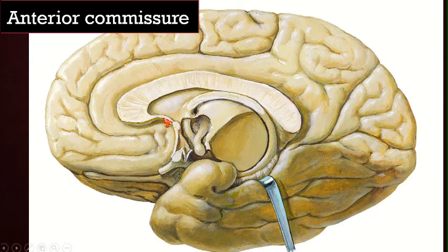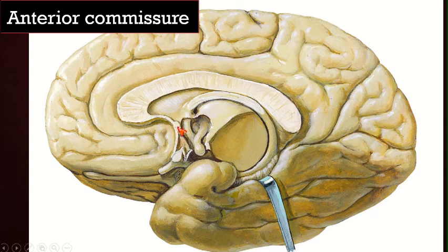It is extending from the rostrum of the corpus callosum, and it is present above the lamina terminalis, immediately in front of the anterior column of the fornix. So this is the anterior column of the fornix.